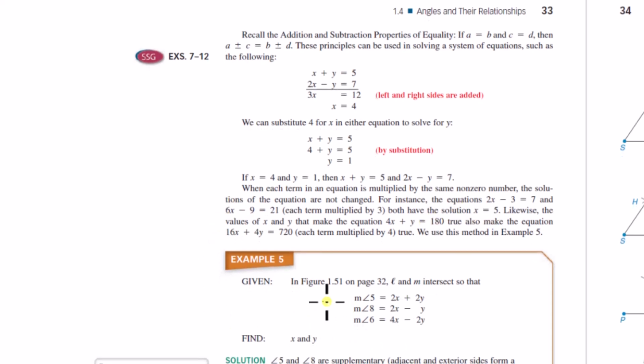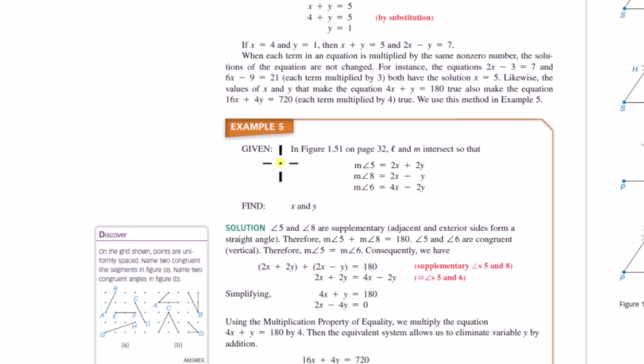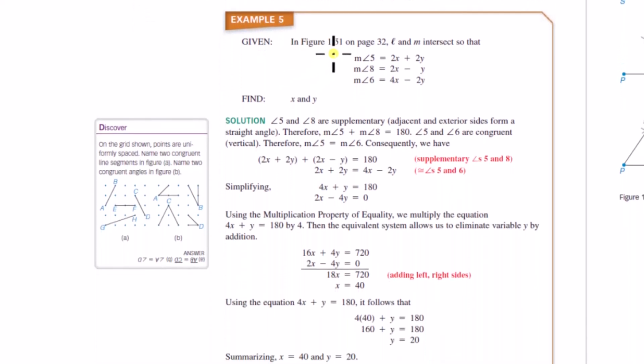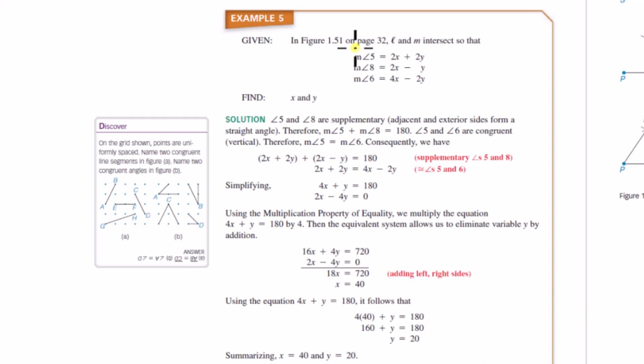So they're reviewing that because, okay, look at this problem. In figure 1.51 on page 32, if L and M intersect, so here's figure 1.51, here are the measures of angles 5, 8, and 6. Now they say find x and y.